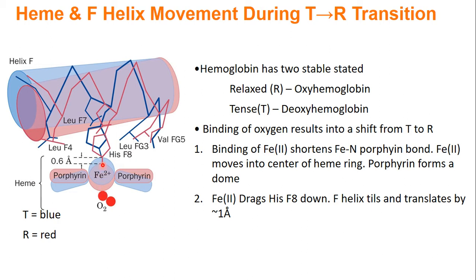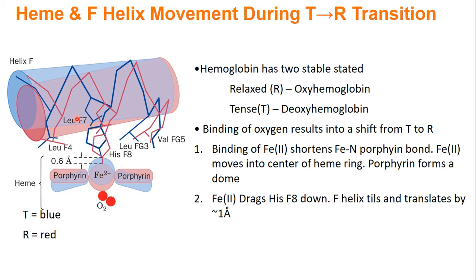When that iron comes down, these porphyrin iron bonds are shortened to move into the center of the ring, and you have a dome that's kind of encapsulating this oxygen. This iron is also hydrogen bonding to this histidine, so that histidine is taken along for the ride as well, being pulled down by this iron.